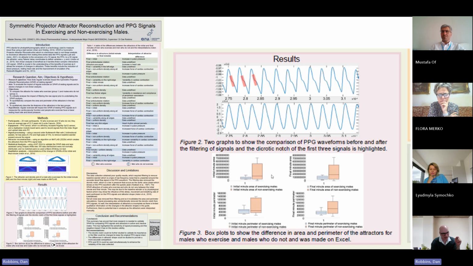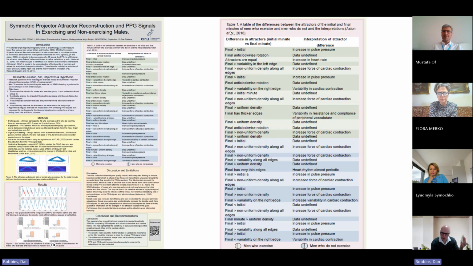There were differences again in the area of the actual attractor and in the perimeter, a little bit more pronounced this time. We can see the medians are more consistently different. But when we looked at the actual differences just from the subjective assessment, again, completely consistent differences, which shouldn't be occurring in healthy people.